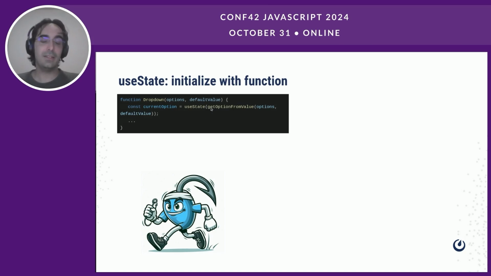And that needs to loop through all the options, checking whether the one with the value is equal to the default value. And if we do it like this, on every single render, we are going through that loop. And there has to be a way to avoid that.